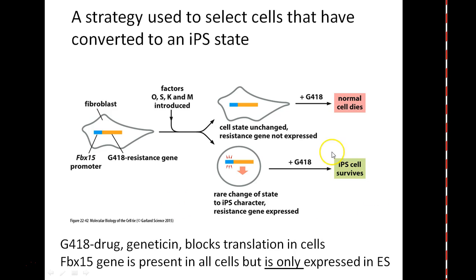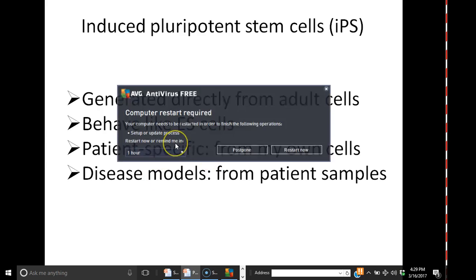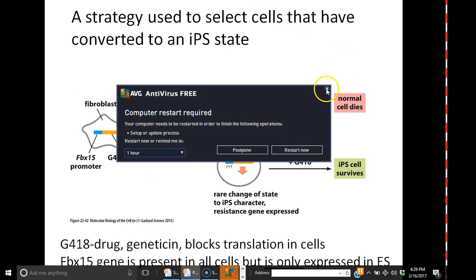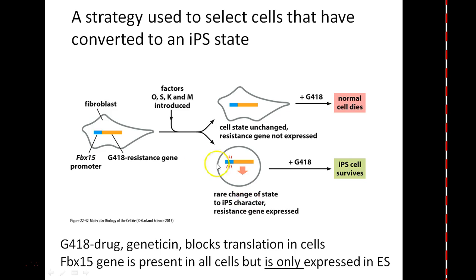This process took quite a long time. It didn't happen overnight. It happened over the course of maybe a month or so. But they were able to find a couple of colonies that were surviving on the drug. When they tested those cells, they showed the typical features of embryonic stem cells. So they were successful in their approach, but the efficiency of reprogramming was very low. It was less than 0.1%.